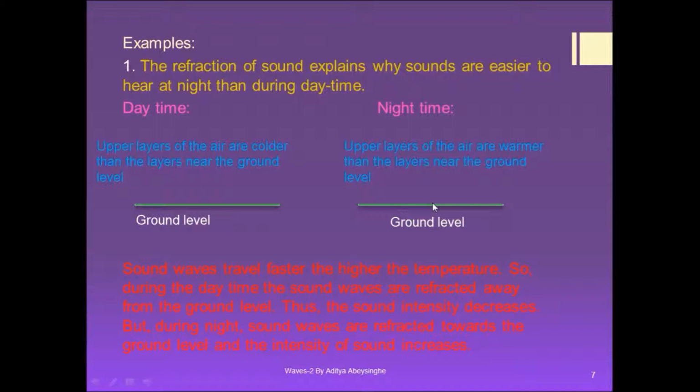I will explain this phenomenon in another video, in some more complex topics of waves. For now, understand that you can experience it practically as well: sound travels faster at high temperatures. So during the daytime, the upper layers are cold and the lower layers are hot, and the sound waves diverge away from the hot ground towards the cold layers.